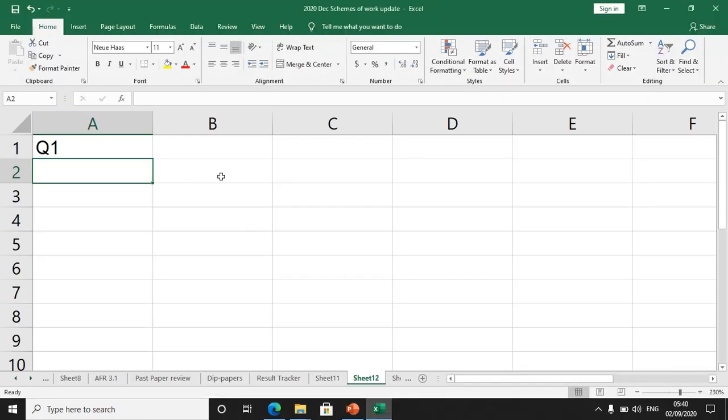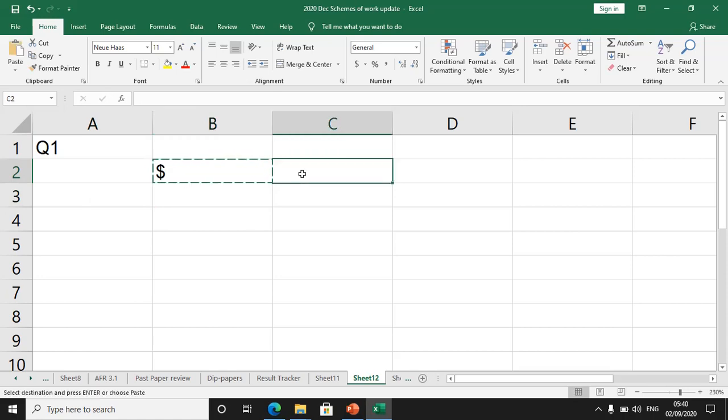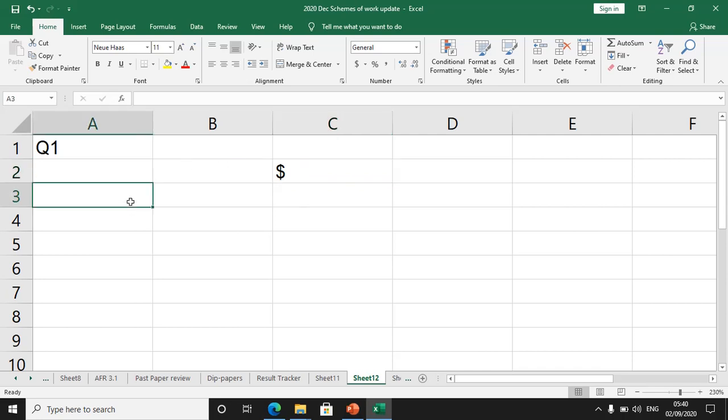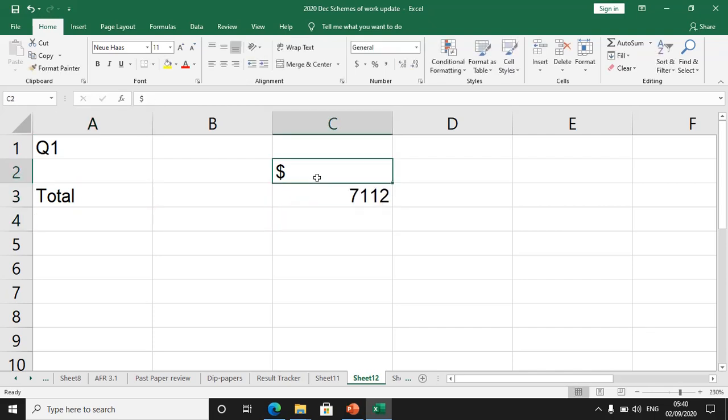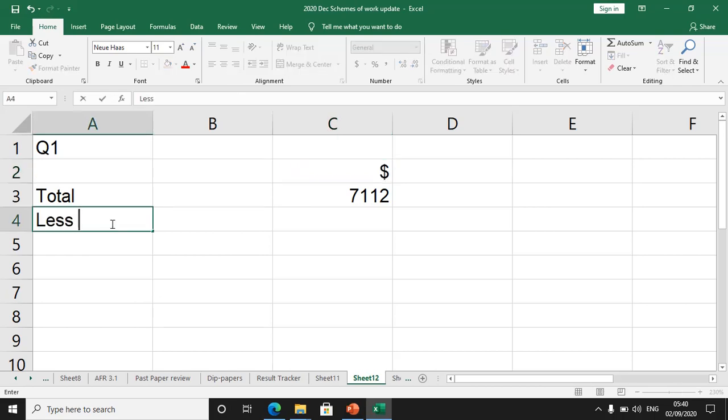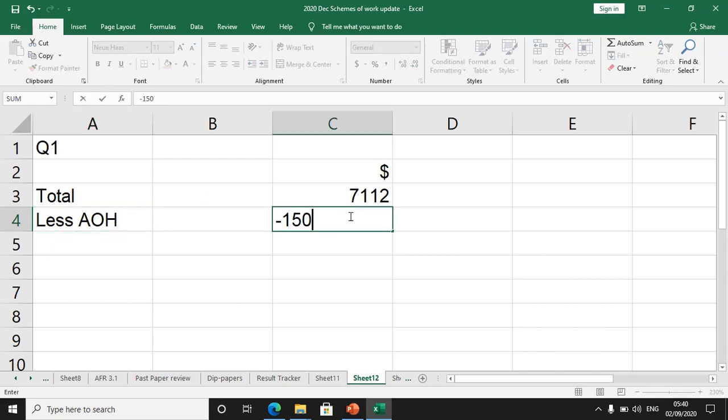Let us do some work there. So the total is, that's the amount there. Then less administration overheads, 150.